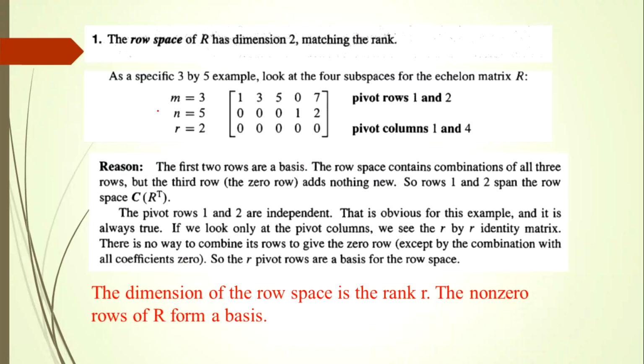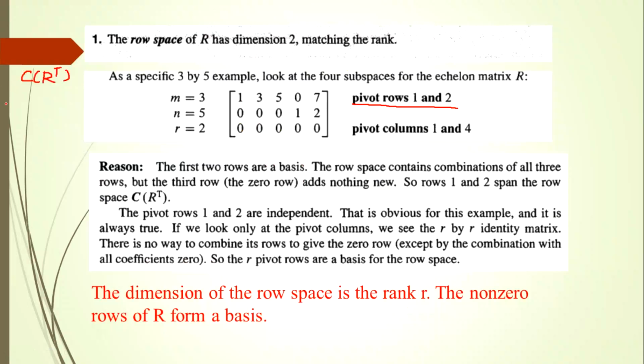Now, let's check the row space. Of course, we can check the 3 rows, there is a 0 row. So 2 pivotal rows, right? So the rank for the row space is also 2. And if you are not so clear, we can check the transpose. The row space of this R is the same as the column space of its transpose.